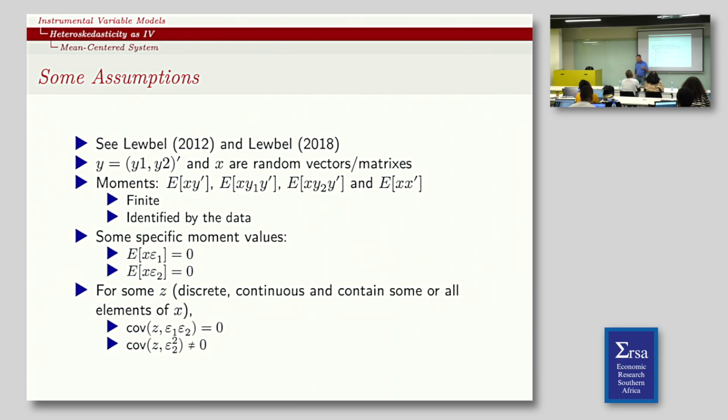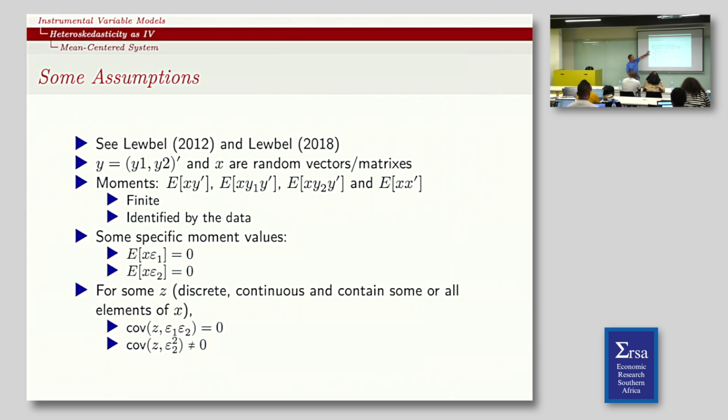So these are basically the moments of the data. xy is basically the covariance between x and y. xy1y2 is essentially, how do I want to say this? It's the covariance between the first stage and second stage. And xy2 is sort of the opposite. And then we've got the underlying variance of the x's.